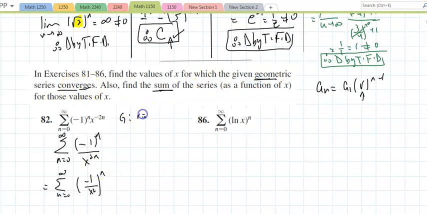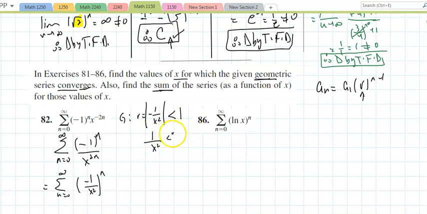R is negative 1 over x squared in absolute value. I need that to be less than 1. For what values of x? Find the values of x for which the geometric series converge. It'll converge as long as negative 1 over x squared is less than 1, or simply 1 over x squared in absolute value.